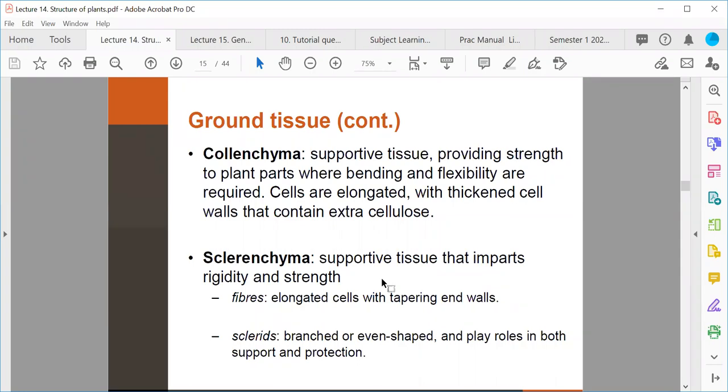What's interesting about sclerenchyma cells is that once they mature, they lose most of their cytosol and their cell contents, and they're actually dead cells at functional maturity. They still carry out their task, but they are dead cells at maturity.